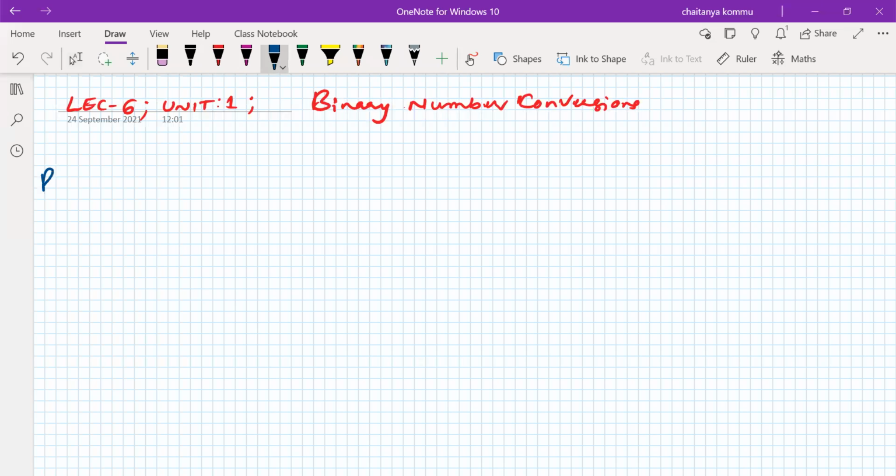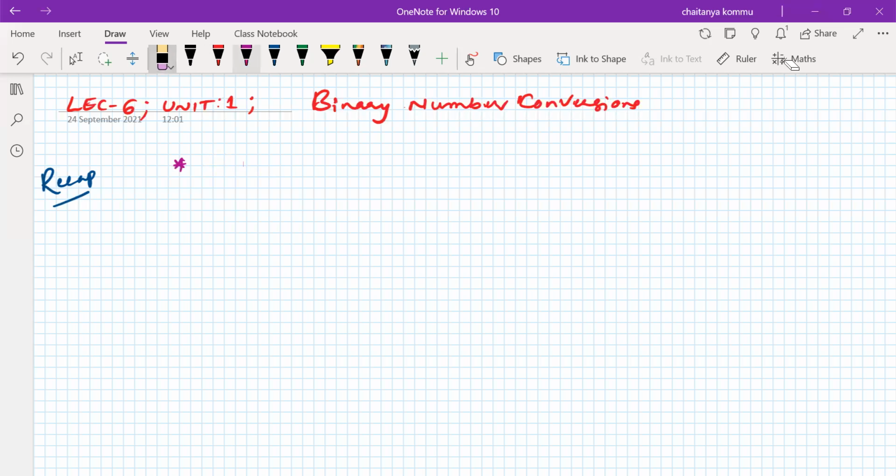So in the previous class, what we have seen is how to convert any number. Normally we talked about what you mean by a binary number system.